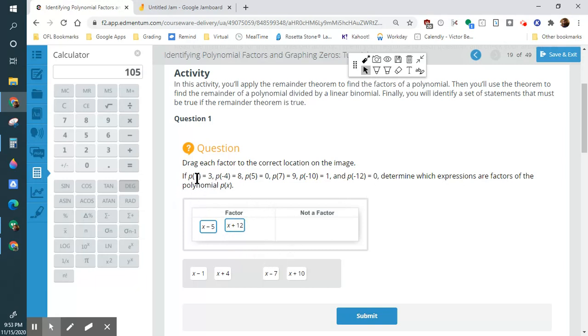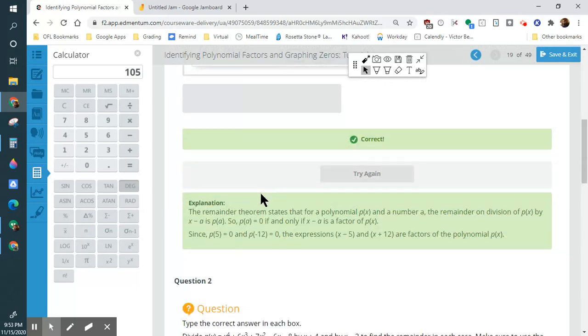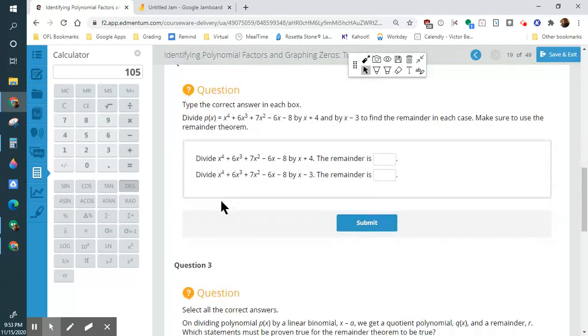So if this is a 1, that's not a factor. This is a negative 4, so we're going to do that here. This is a positive 7, so we're going to do that. It's not a factor, and that's negative, so all of these are not factors. Let's submit that. So basically, it's a factor if when we plug it in, we get 0. Simple, easy.